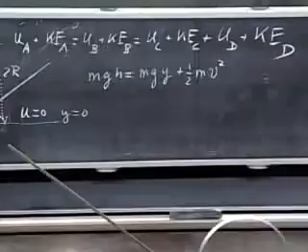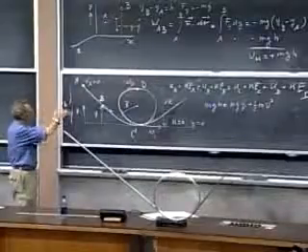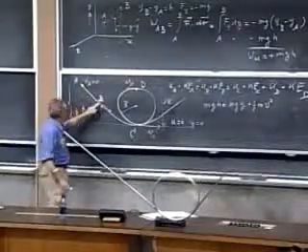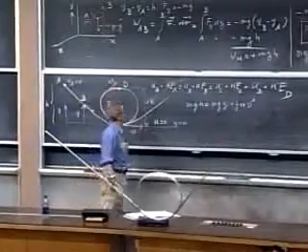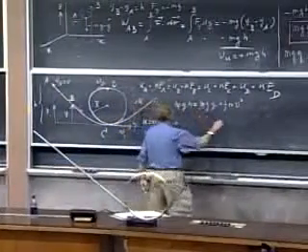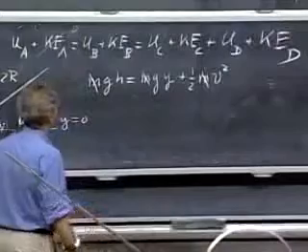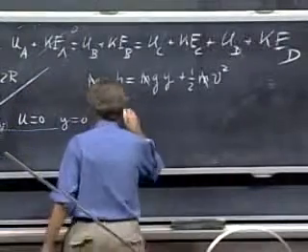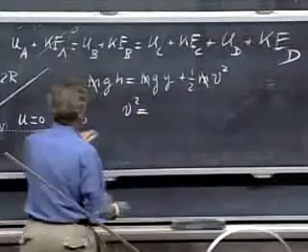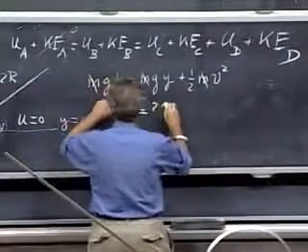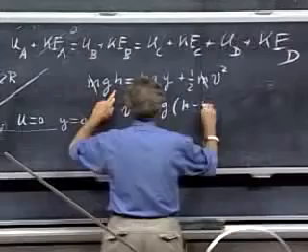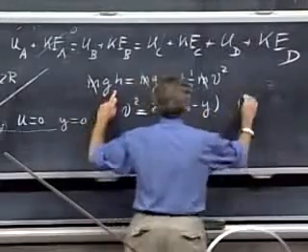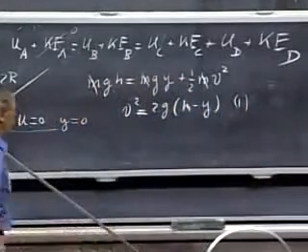What you see there should hold for every point that I have here. It should hold for A, for B, for C, for D, for any point. I lose my m. And so, let me summarize, you find here that v squared equals 2g times (h minus y). So this should hold for all these points.